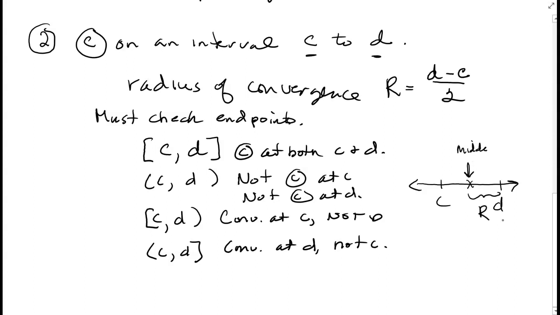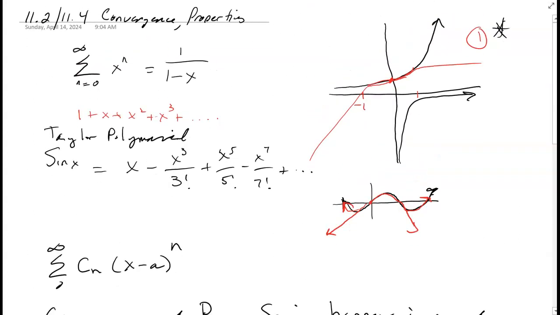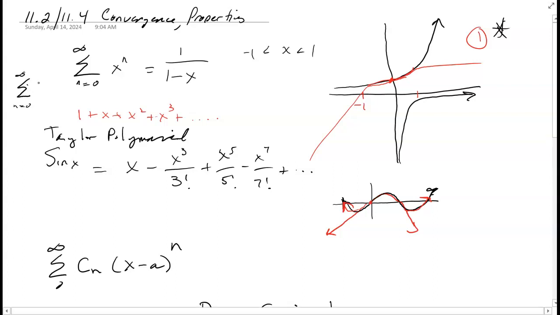It's a distance. So again, if I go back to this example up here, we know by definition of a geometric series, this is only going to converge when X is between -1 and 1. But if you actually plug in, say, 1 for X, you get the summation of n going from 0 to infinity of 1 to the n, that is going to diverge.